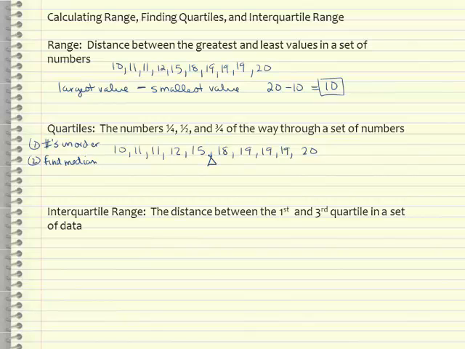The median occurred right here and was 16.5. Next, we find halfway through each half. So here's one half of numbers, here's the other half. Halfway is halfway through each of those.